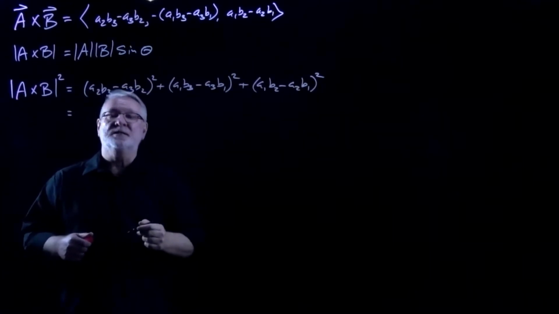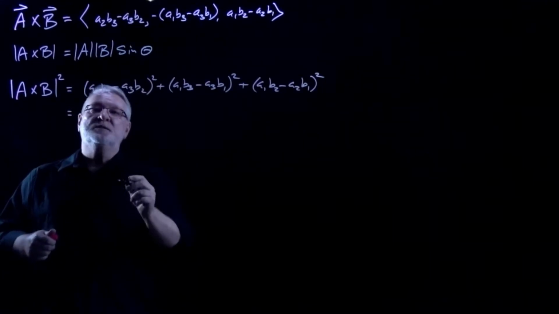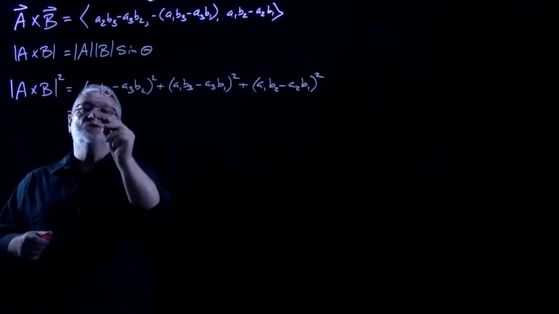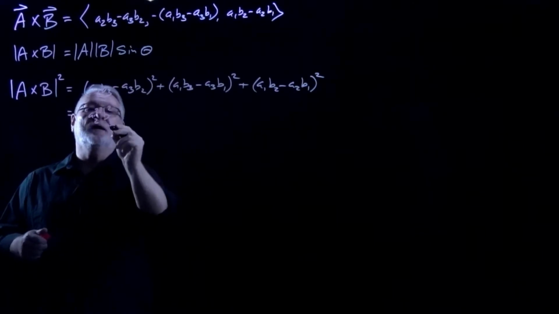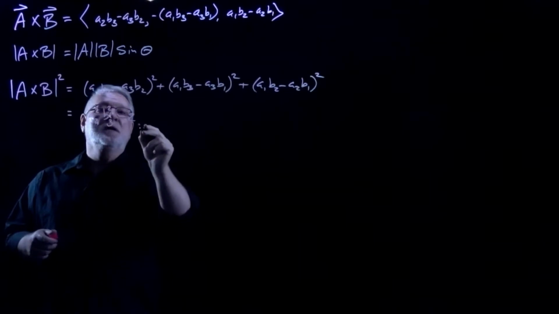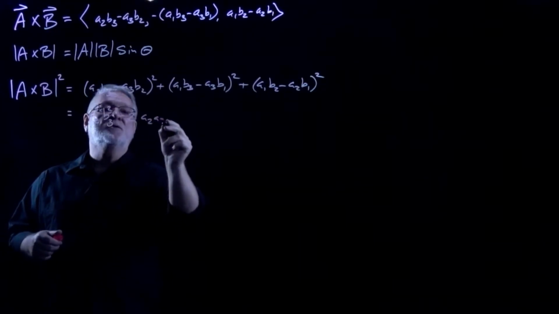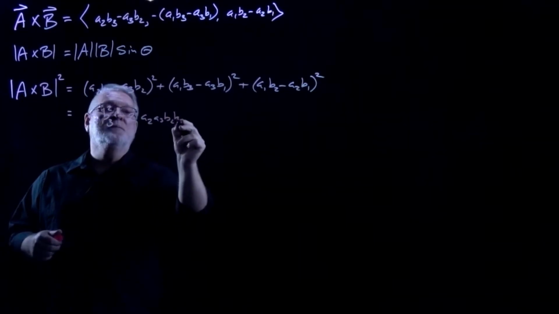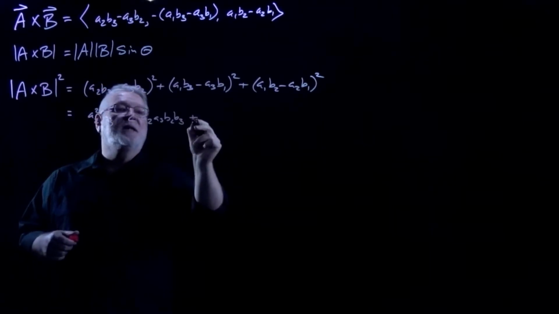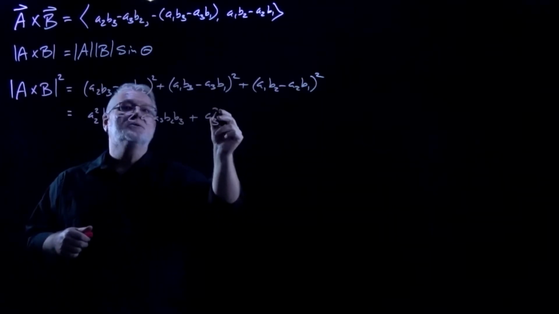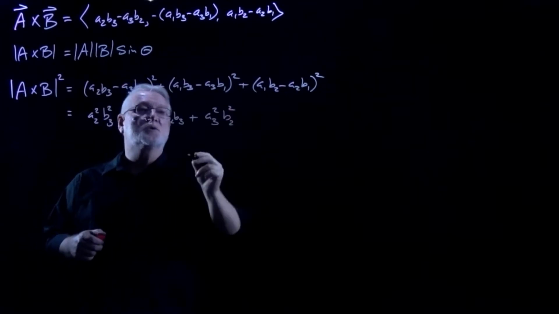Okay, and then we have to expand out all these terms, and I'm going to do it on 3 lines, one line for each one of these. So the top line is going to be A2 squared B3 squared minus 2 A2 A3 B2 B3 plus A3 squared B2 squared.